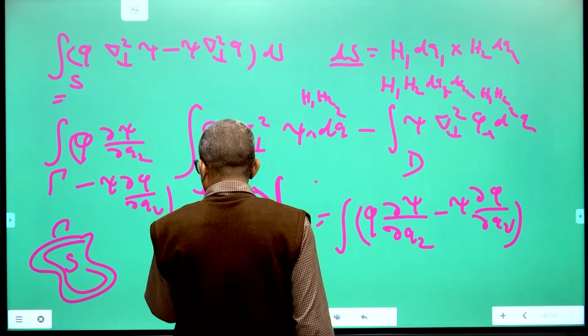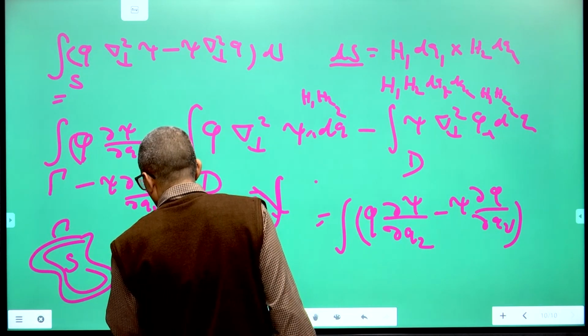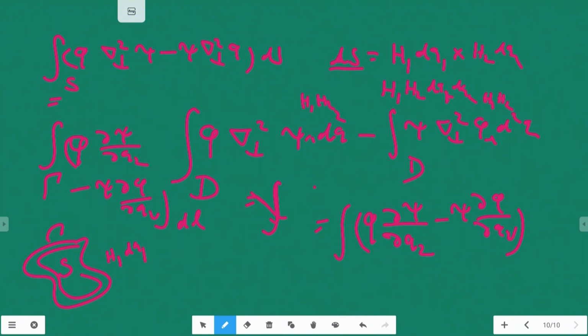And then you put a dl. dl is the length element along the boundary, that is h1 dq1. h1 dq1 is dl. No, it is h1 dq1 plus h2 dq2, but q2 is constant.